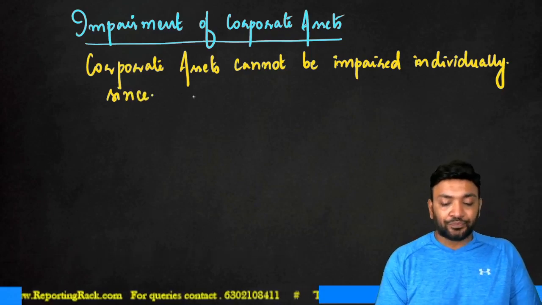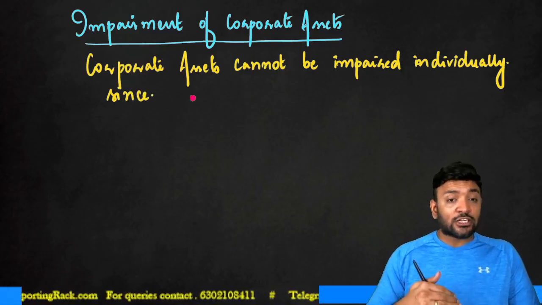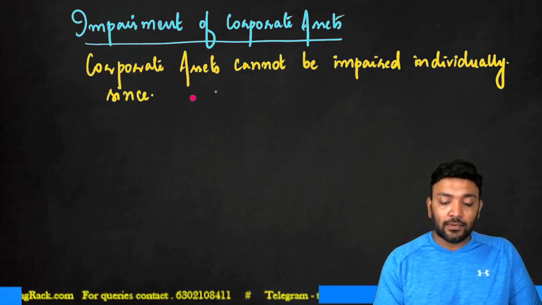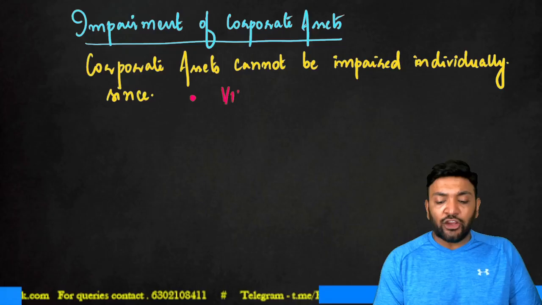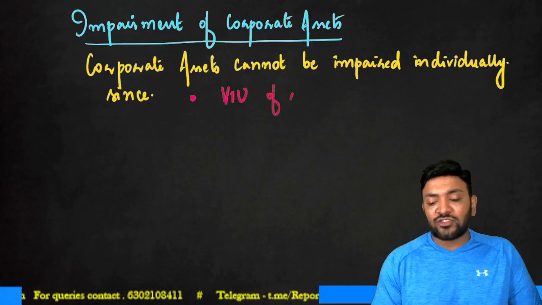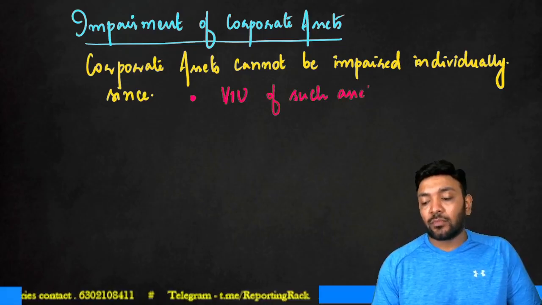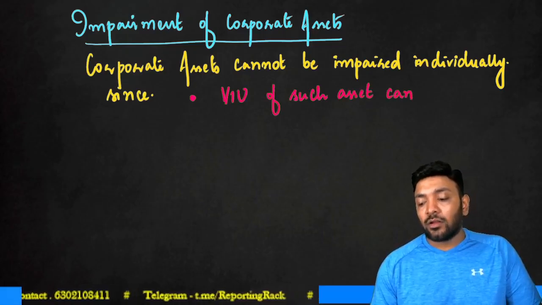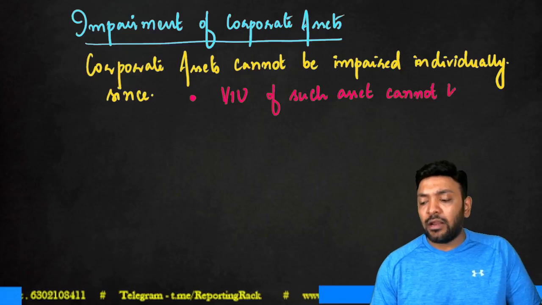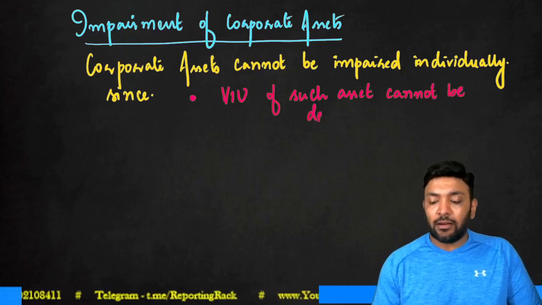Number 1, consequential points. VIU of such assets, value in use of such assets, cannot be determined.